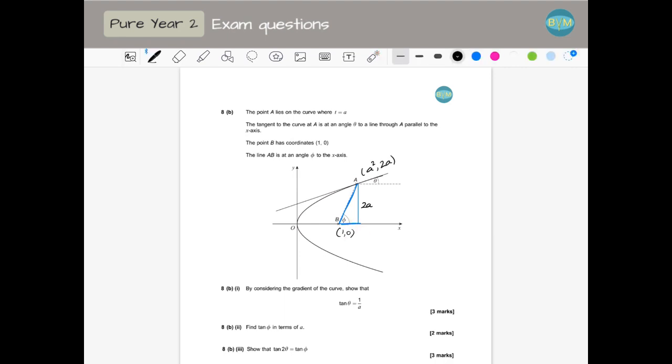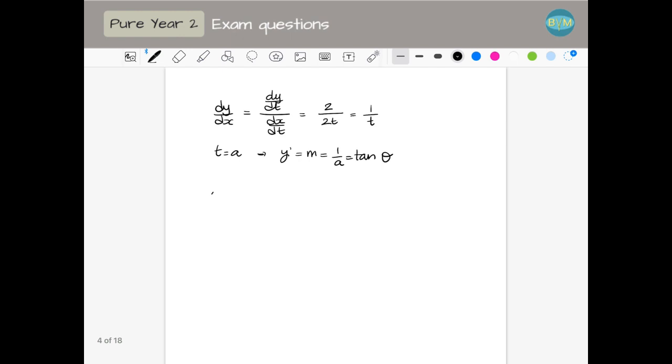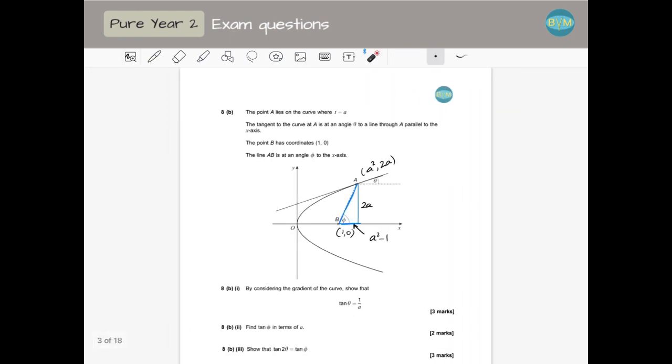So this bit here is a squared minus 1. So the tangent of phi is going to be 2a divided by a squared minus 1.